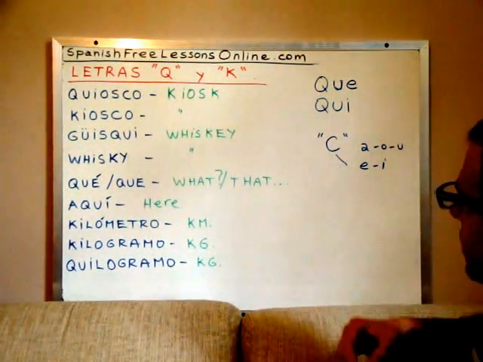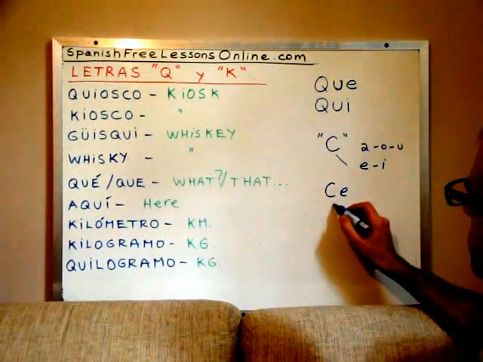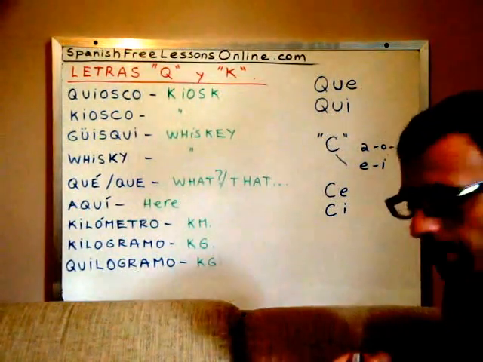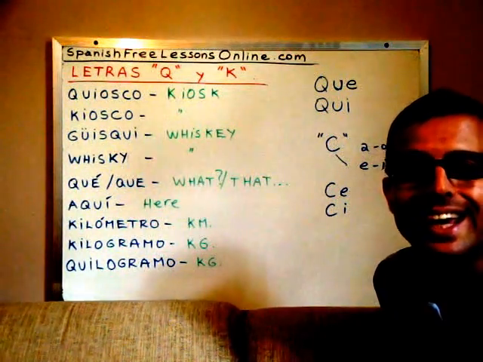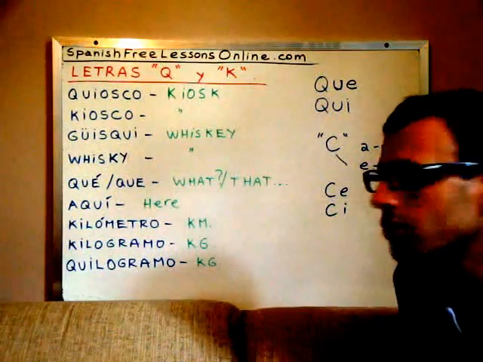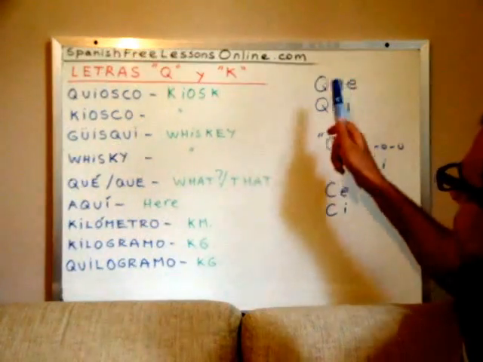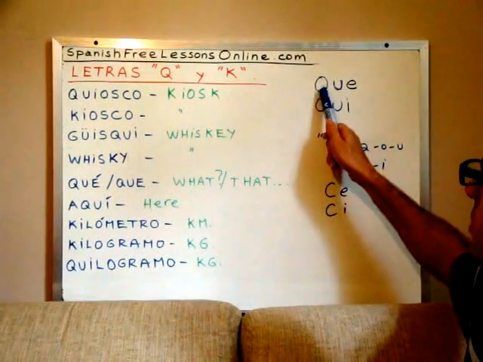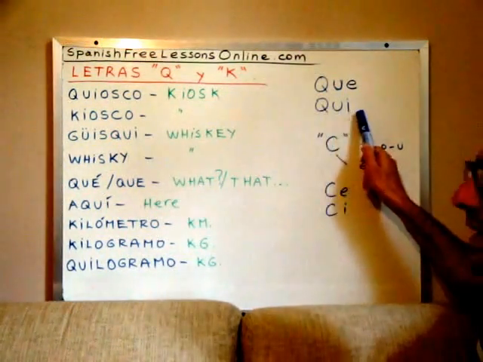So, in Spanish, this would be read ce and this would be read ci, right? But if we want to pronounce the sound que or ki in Spanish, we cannot use a C. So that's why we use the Q. Q-U, que, and Q-U, ki.